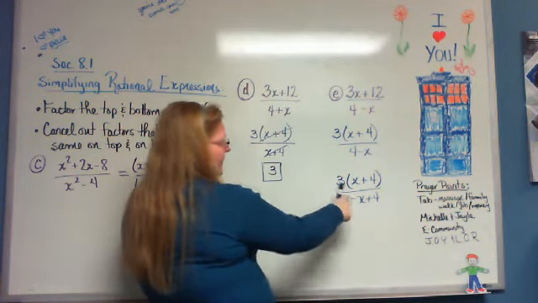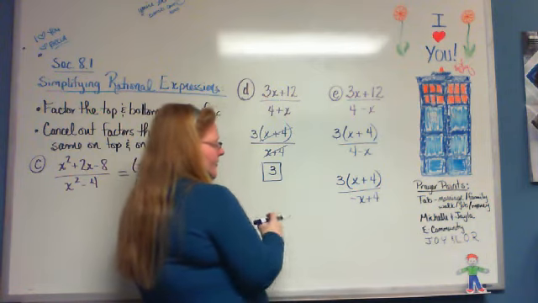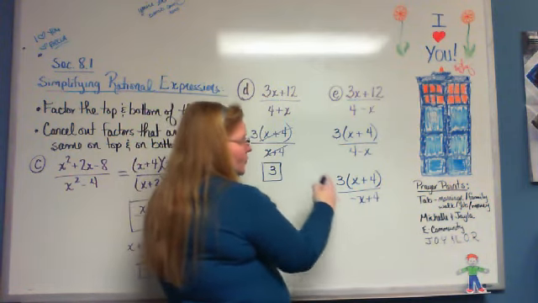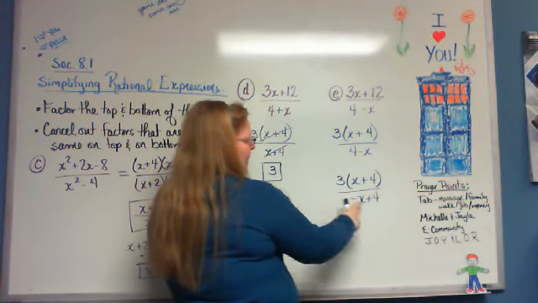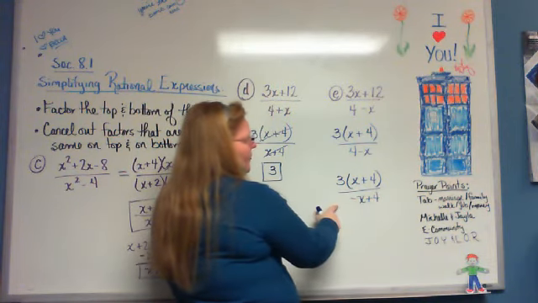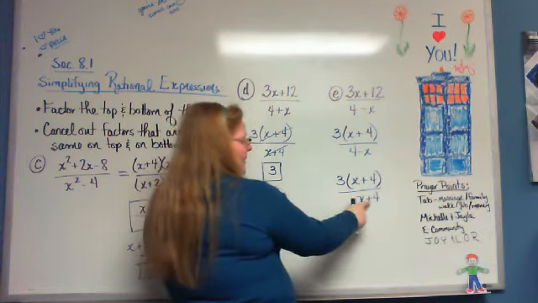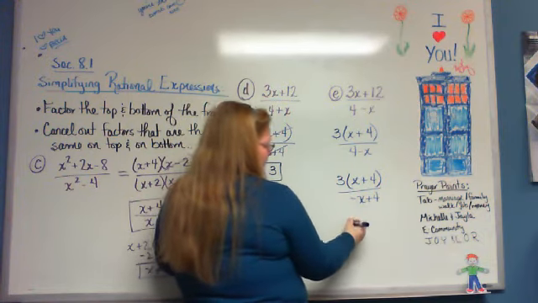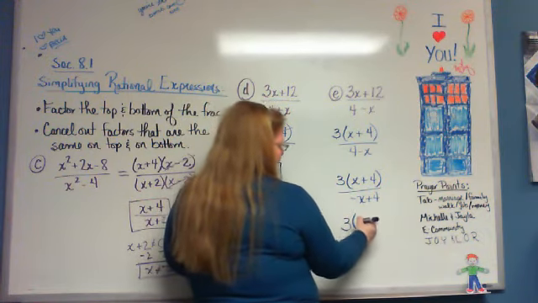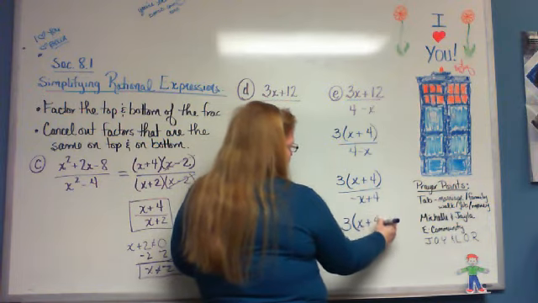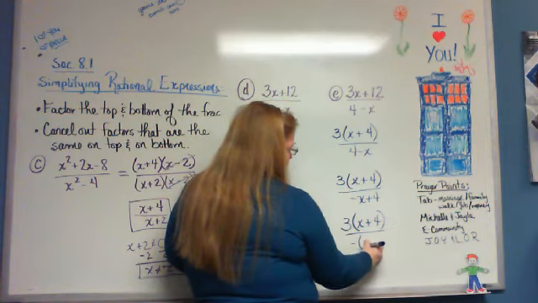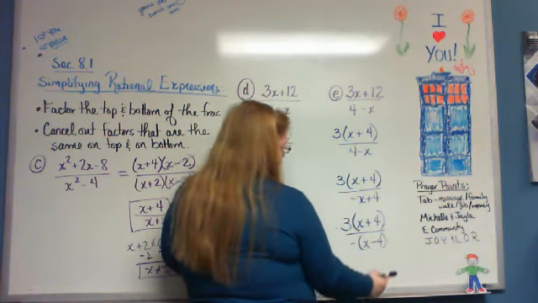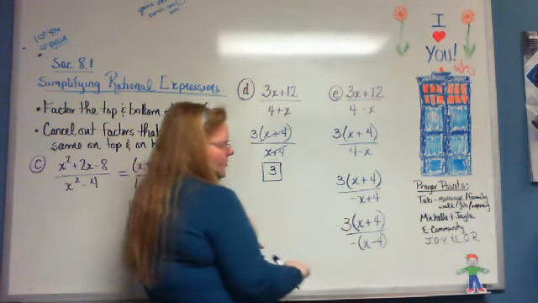But I can't take that negative out, because we learned when we were factoring that if I take that negative away, I also have to take a negative from there away, which would make that a minus 4 instead. So I could have 3 times x plus 4 over a negative times x minus 4, but then they're not the same either.